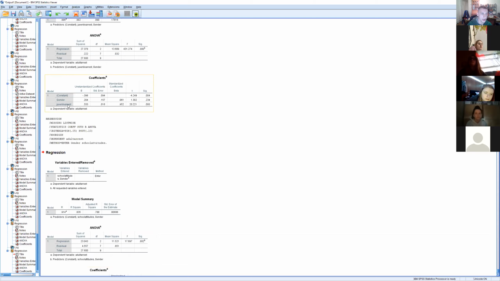And here, if we look at it for gender and juvenile arrest, it's clearly the case that juvenile arrests have a stronger effect than gender does. But be clear, these standardized beta coefficients are not the ones that you use in your equation. The equation y equals a plus bx. These are not the ones you use in the equation. You would use these b's over here.